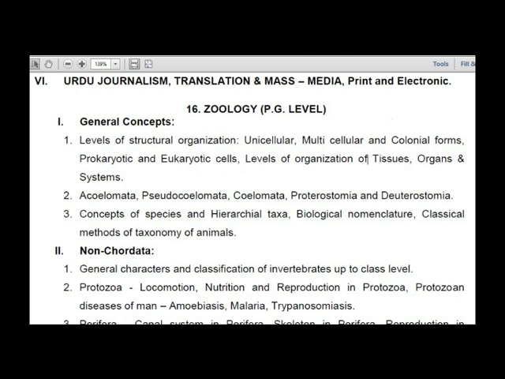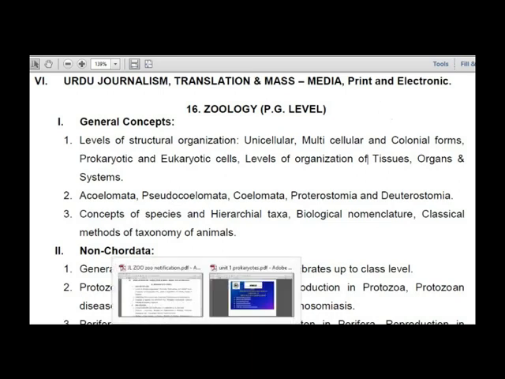the first concept is levels of structural organization. Every living organism is made up of cells, and these are of two types basing on the number of cells present in the body: unicellular, and second, multicellular.